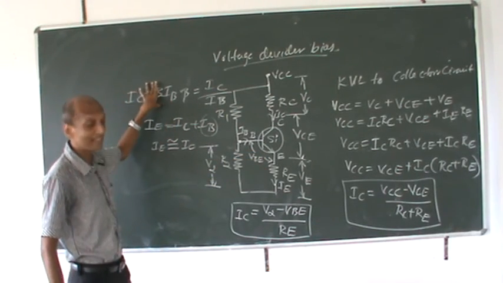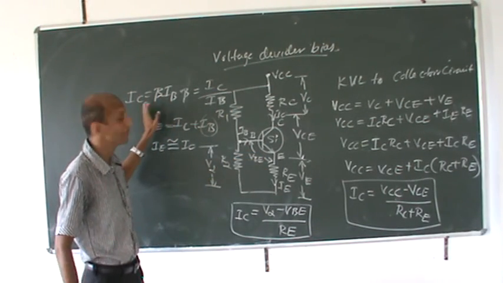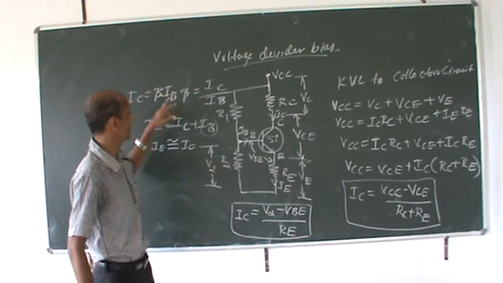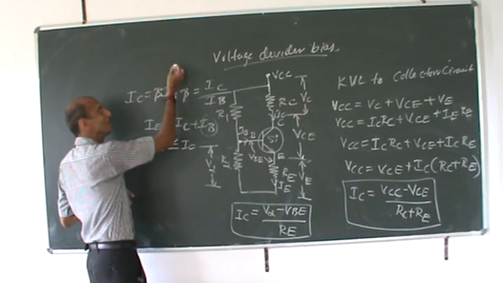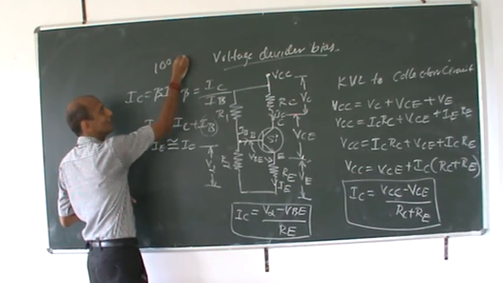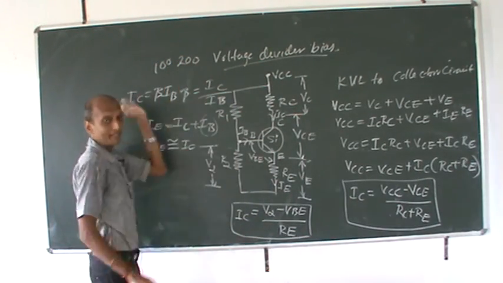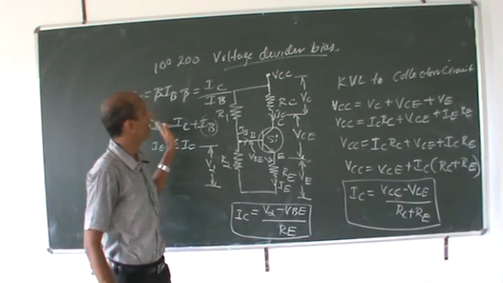Beta will decide how many times your output current will be than your input current. The beta value will range from 100, 200, so it is talking about many times gain.